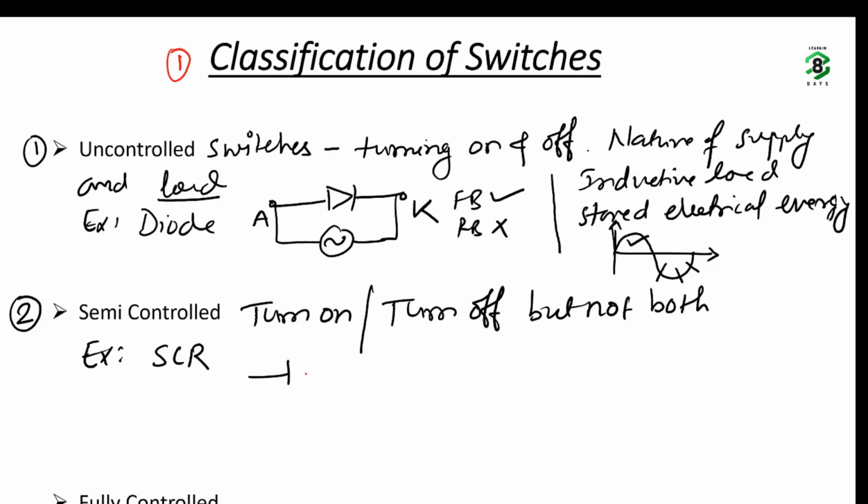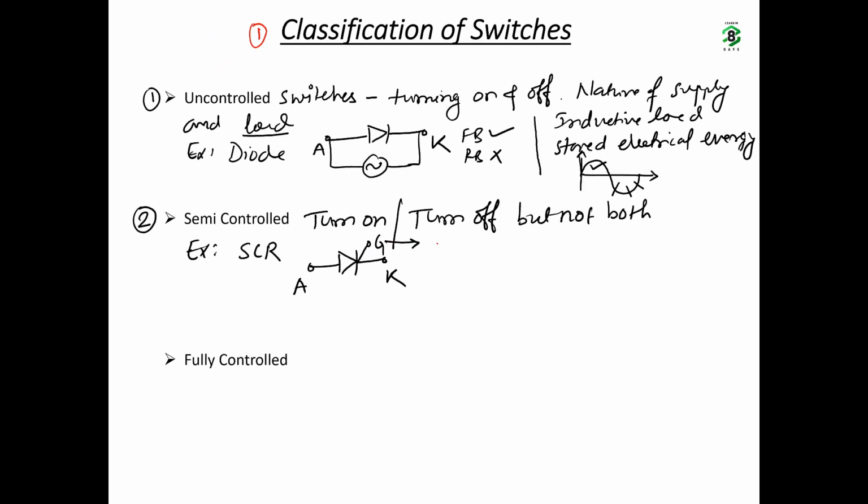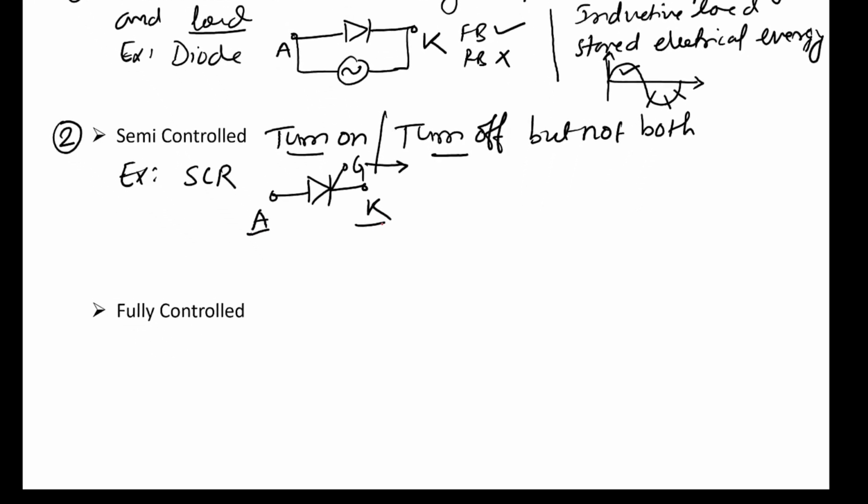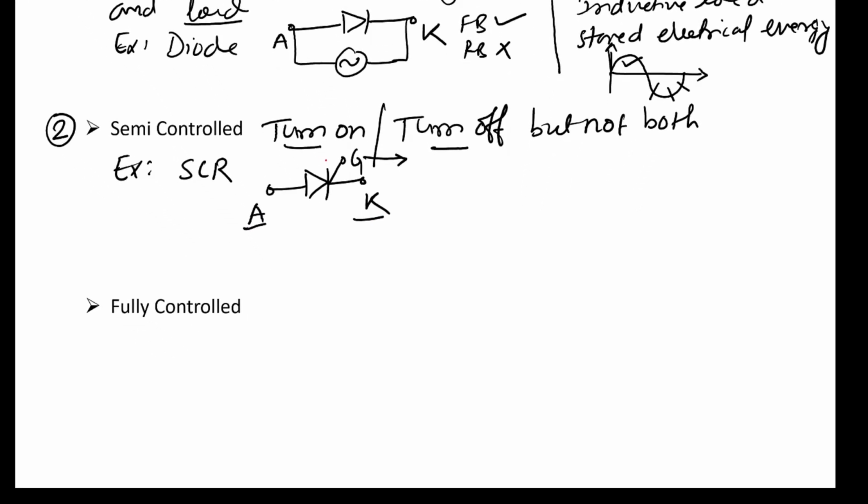In SCR, we have three terminals: anode, cathode and gate. This is the power terminal, anode and cathode. Through the gate, we can control only turn on, not turn off.